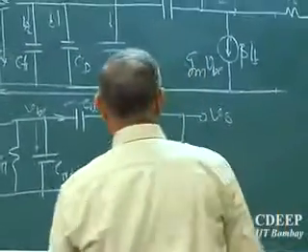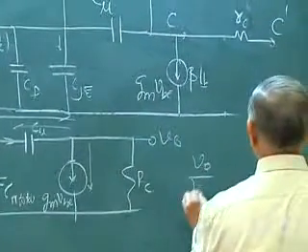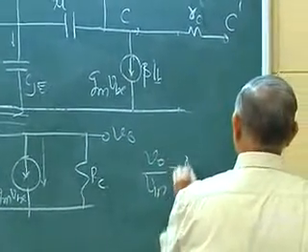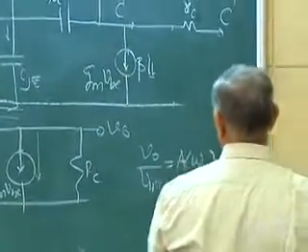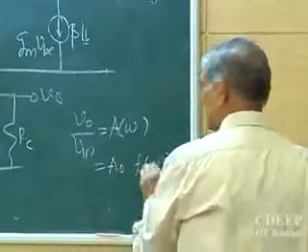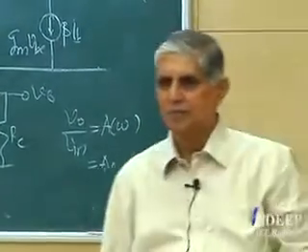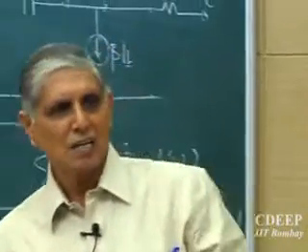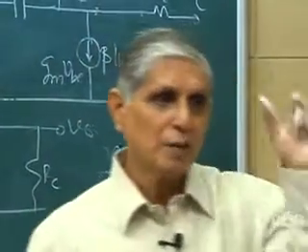ओके, तो फिर से बताता हूँ कि V0 by Vin is essentially A omega. Okay, will come as A0 plus frequency term F omega. Is that clear? So A0 term will still appear.